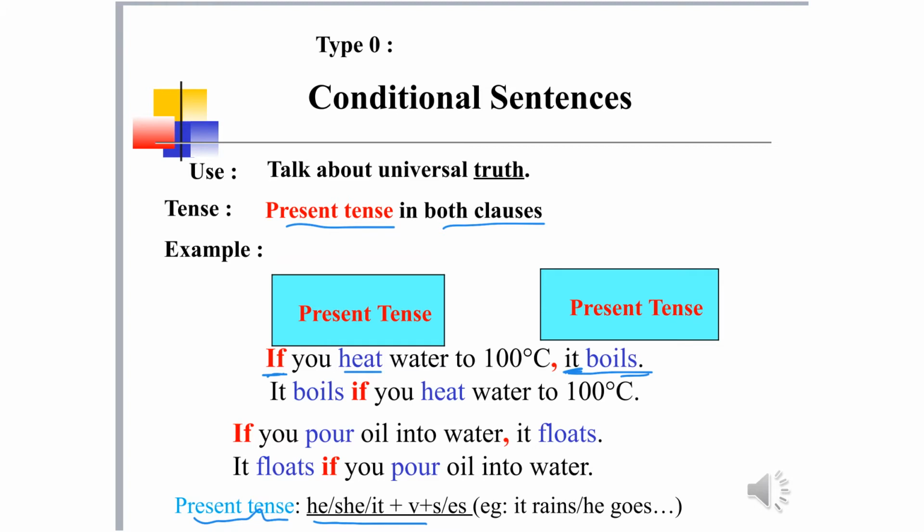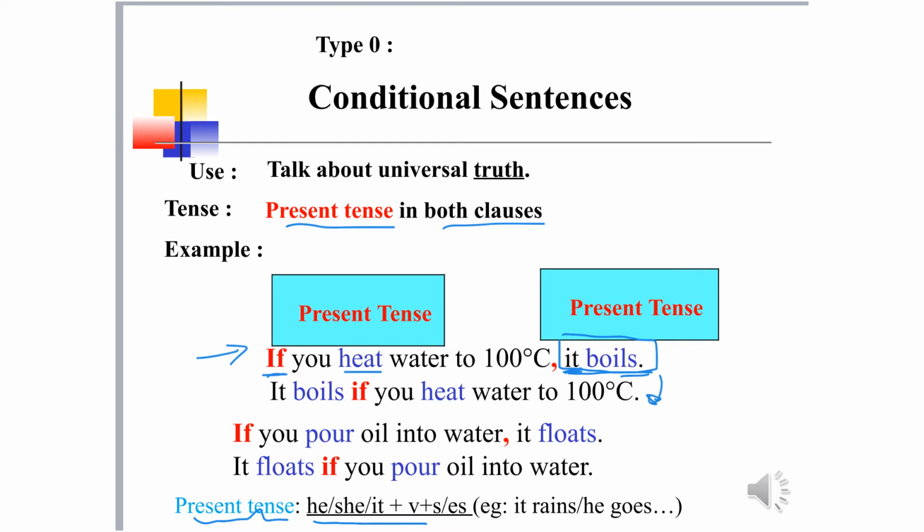There is another way of saying the if conditional sentence. We can also put it the other way around. For example, this one: if you heat water to 100 Celsius degrees, comma, it boils. We can also put the main clause at the beginning of the sentence, so it goes like this.